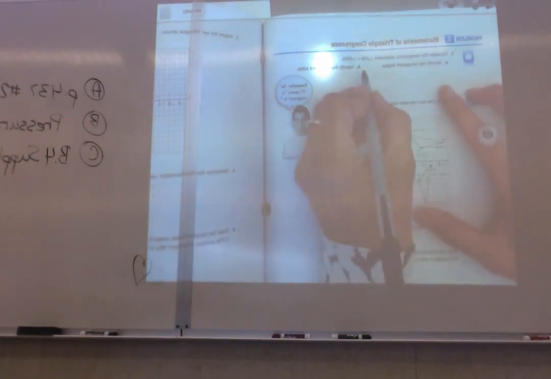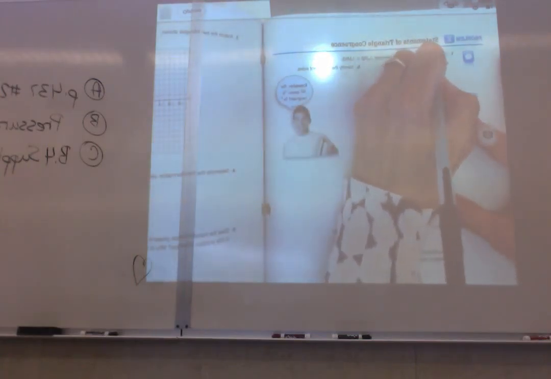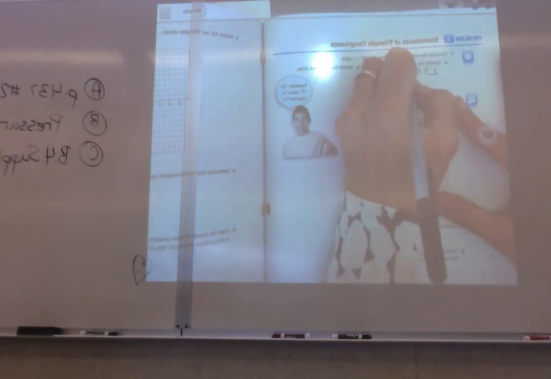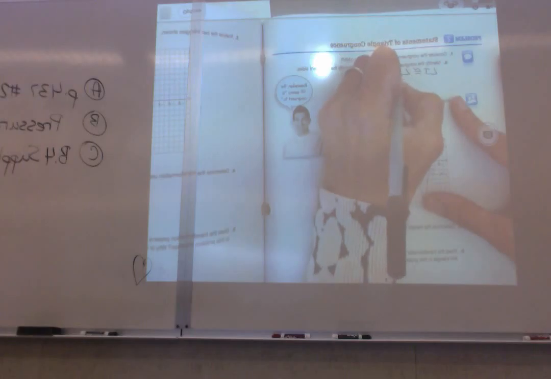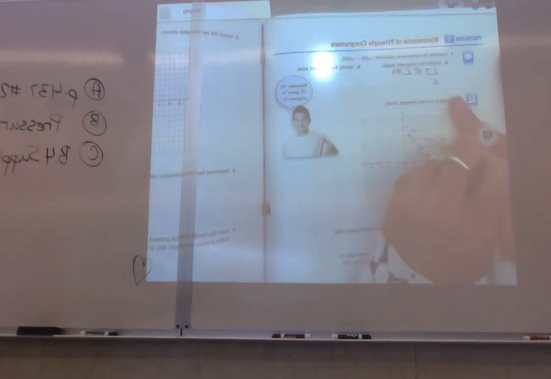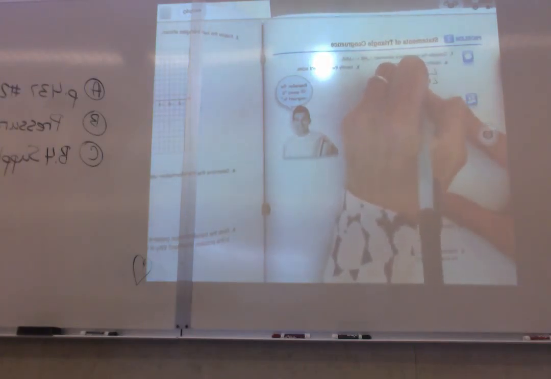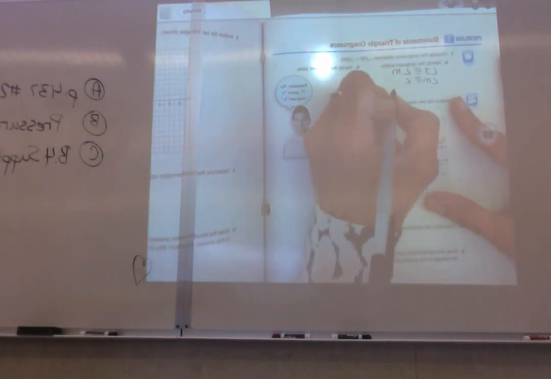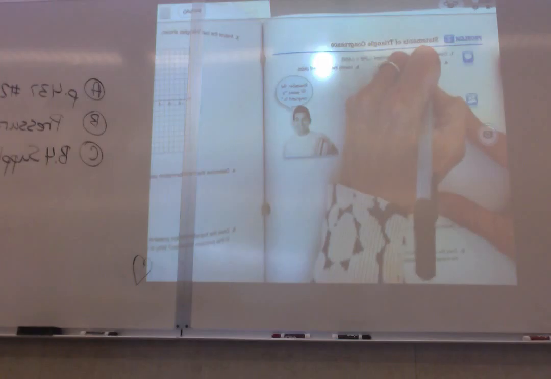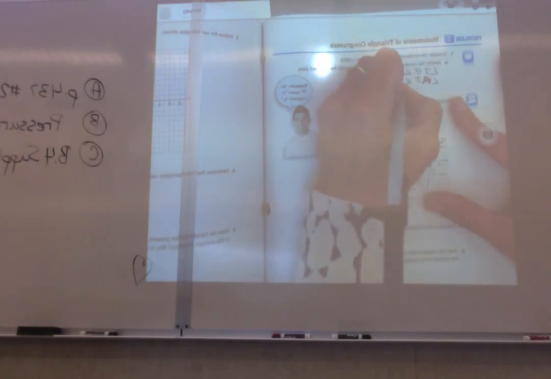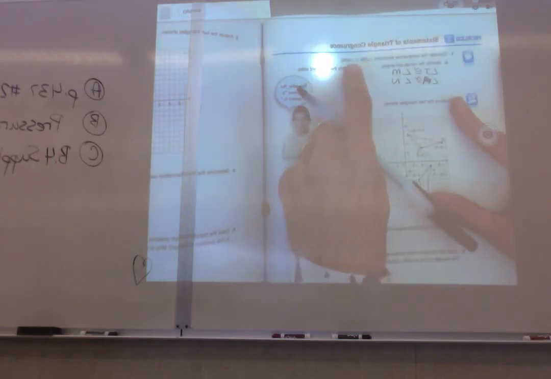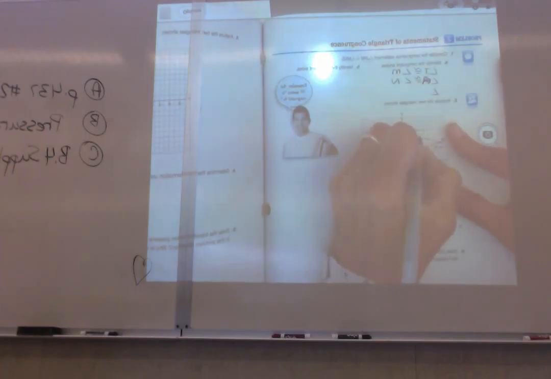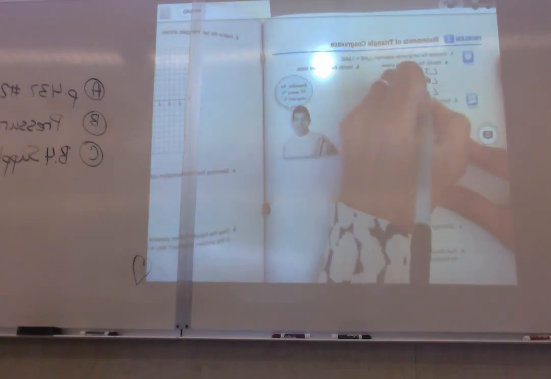So the first thing they want us to do is angle J, angle R, and we don't need to see the triangle to know this. We can see what order the letters were in. Angle B.